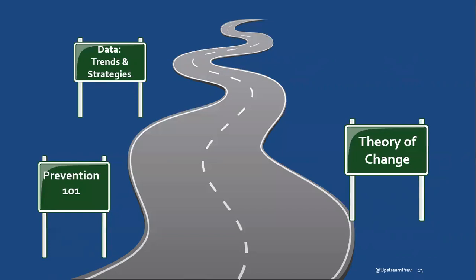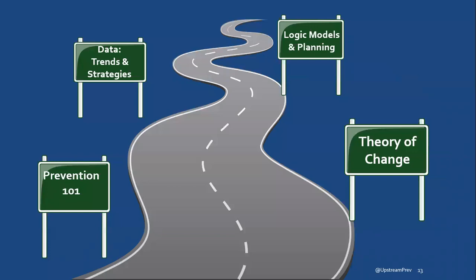And then how do all of those things, our local data and our local strategies, align to the state? And then we'll think about how we can take our theory of change and our data and our strategy alignment and put that together into a logic model, and then set up a planning framework for our strategic planning process that can then help us build a logical strategic plan.